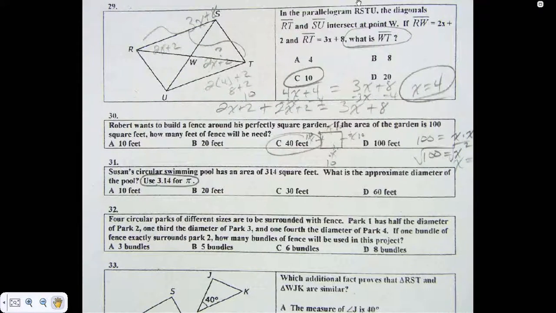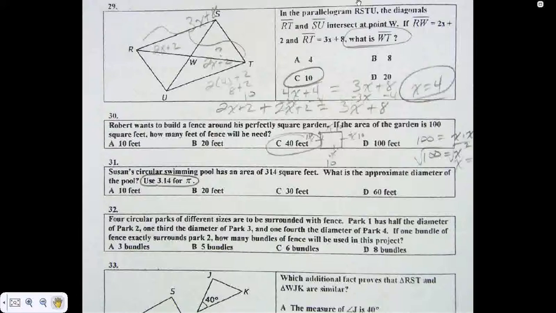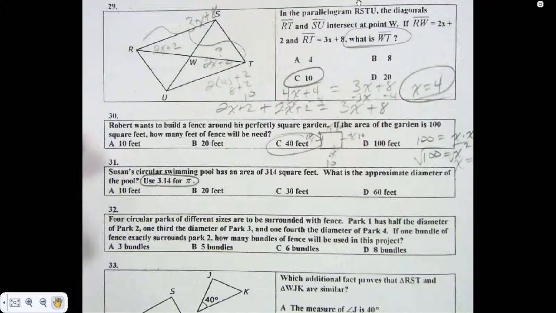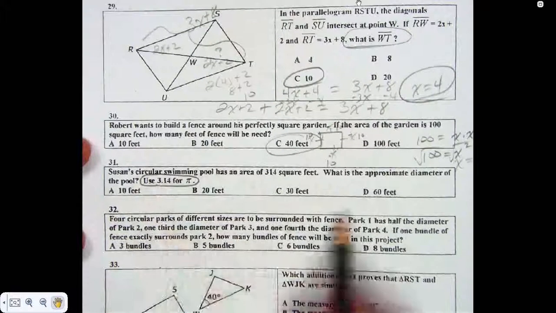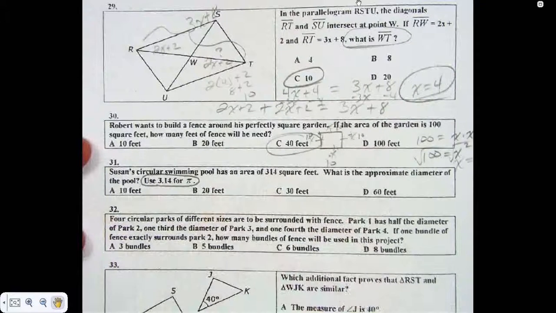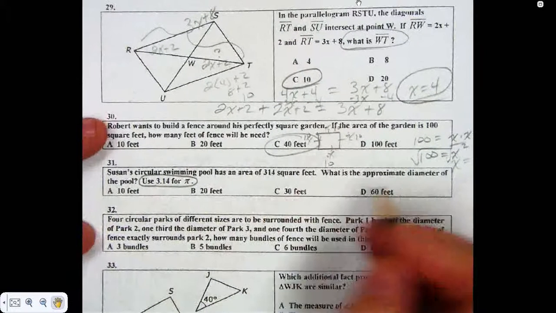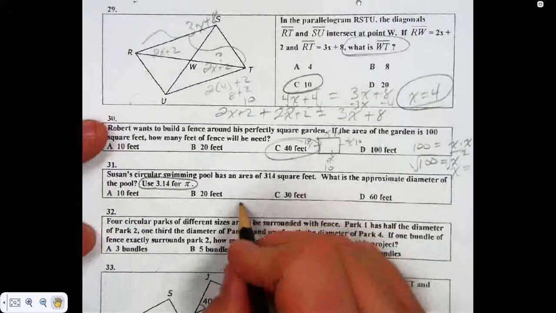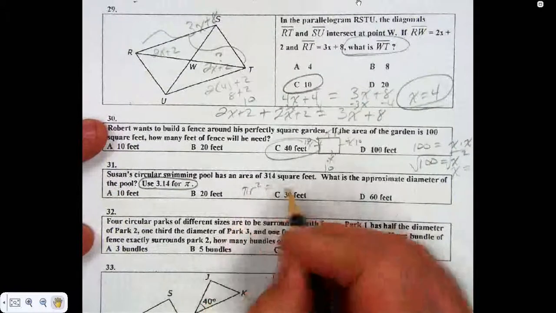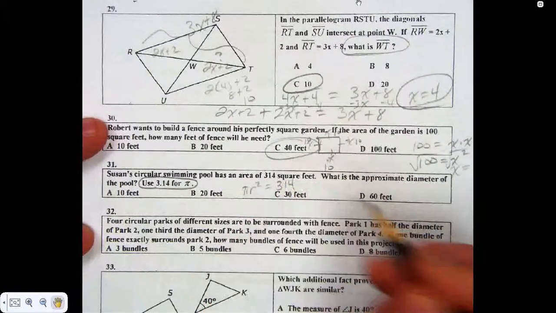If they tell you to do that, then do it. If they don't tell you, leave it in terms of pi. Do you see what I'm saying? So your answer down here is going to be using 3.14. So, you know this. Pi r squared is equal to what? 314. Does everyone agree?